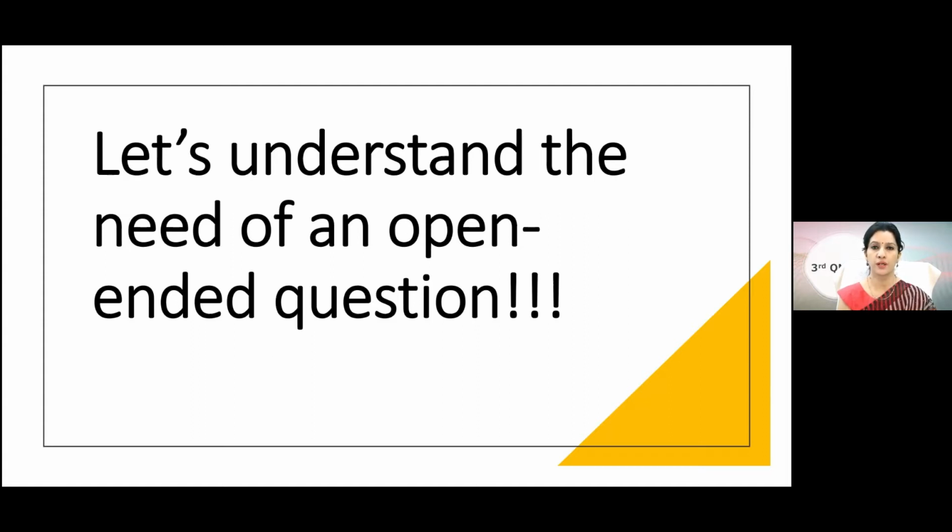Before we start the interview guide, how to make an interview guide, let's understand the need of an open-ended question. I assume that all of you know what is an open-ended question and what is a closed-ended question. A closed-ended question is where you give the responses and the person has to choose out of those responses. An open-ended question is when you give the freedom to the responder to say whatever he or she wants to say.